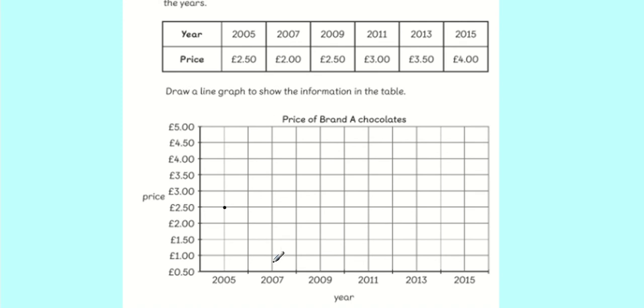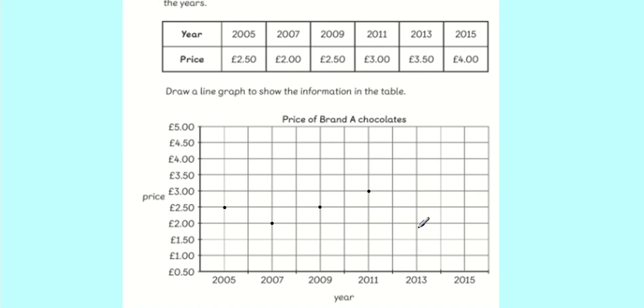Next year, 2007, it's £2. So find 2007, go up and along, there's my £2. 2009, we have £2.50, so up 2009, £2.50. 2011, I have £3, 2011, I go up to £3.